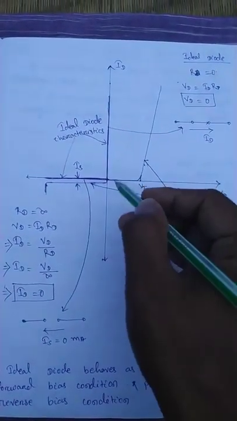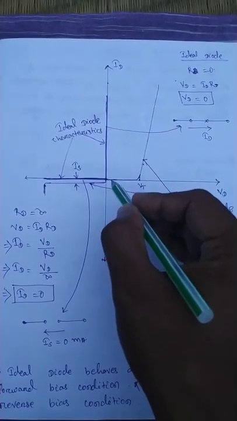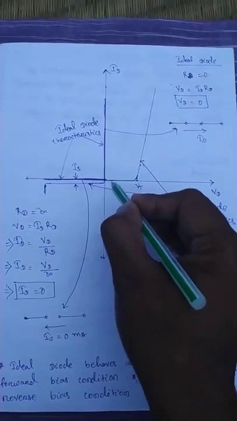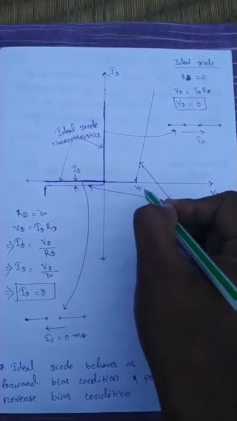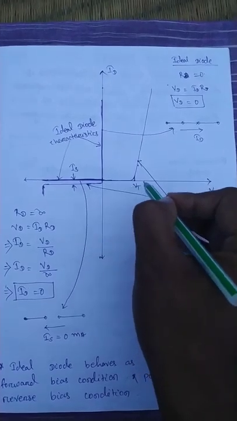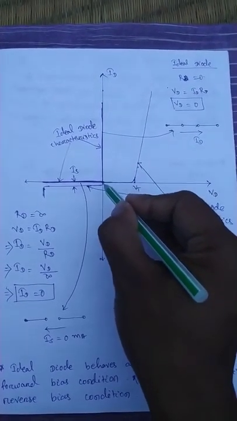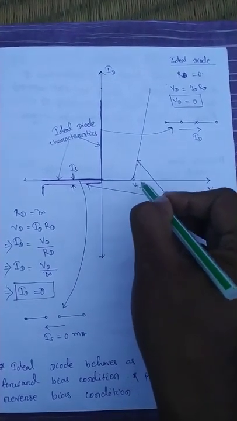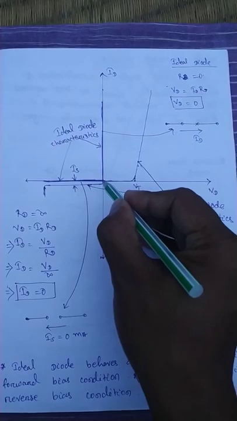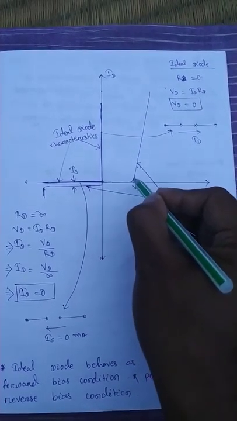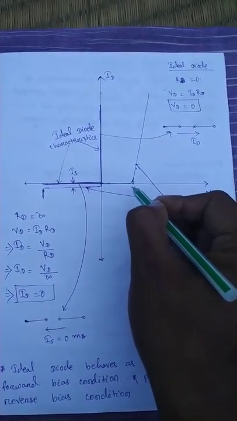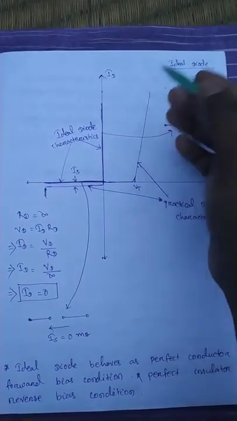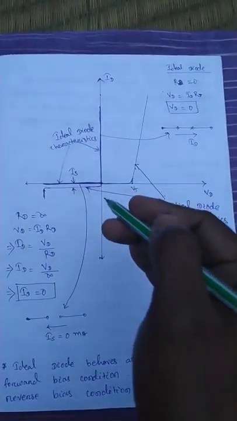As we have discussed, in case of forward bias, as you increase the forward voltage from 0 to the threshold voltage or knee voltage or barrier voltage, the current flowing through the diode is almost negligible. If you increase the forward voltage beyond that barrier voltage, the current increases exponentially, as we have already discussed in previous video lectures.